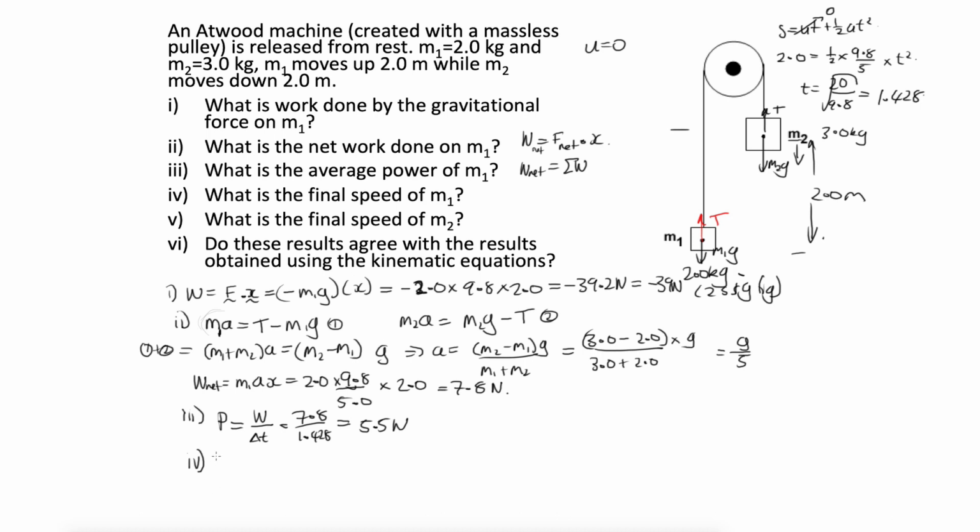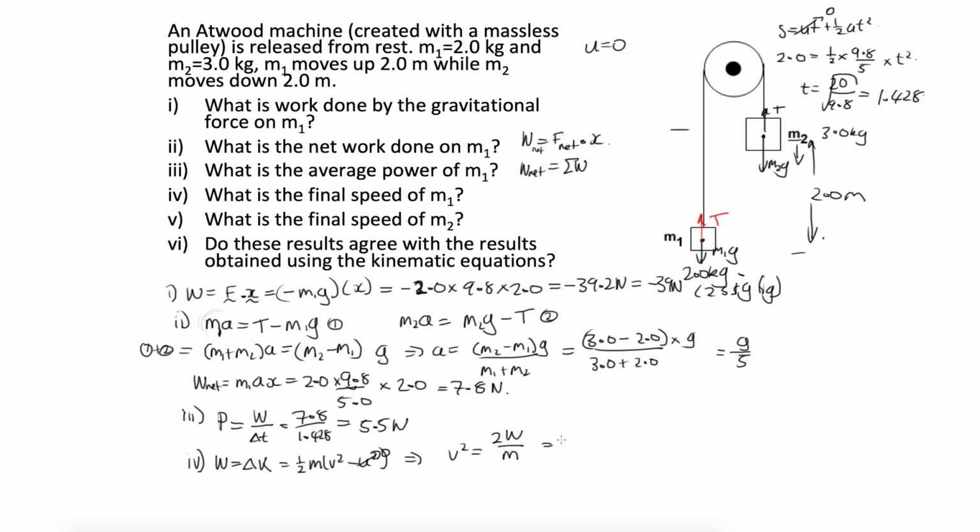And then part 4, we're asked what is the final speed of M1. So we know that the work done is equal to the change in kinetic energy, and so this is equal to a half m (v squared minus u squared), but u was 0 because it started from rest, and so we can say, well, v squared is equal to 2 times the work done divided by m.